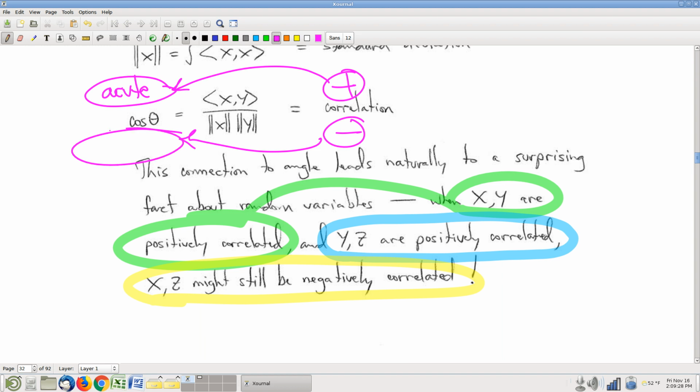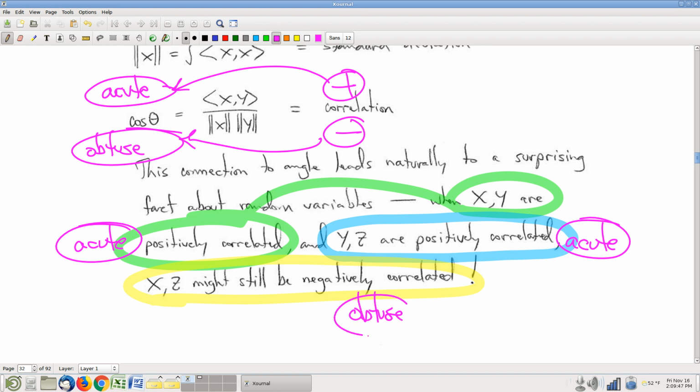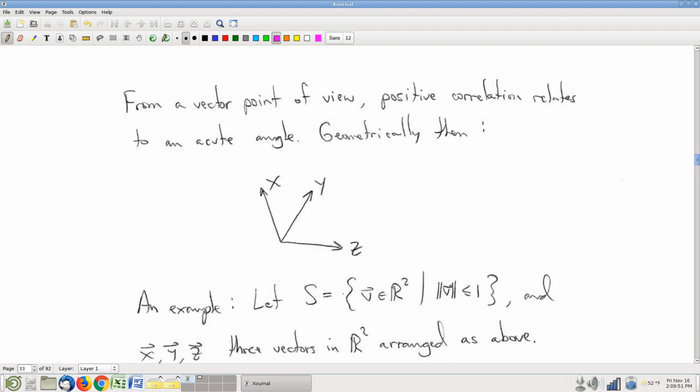under what circumstances is cosine theta negative? Well, if theta is obtuse. Right? So what we have here is acute plus acute adding up to obtuse. And that's not a mystery at all. That's trivial, right? Here's an acute angle.